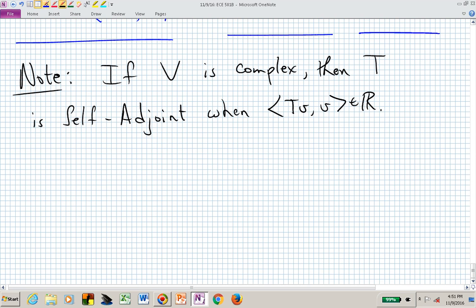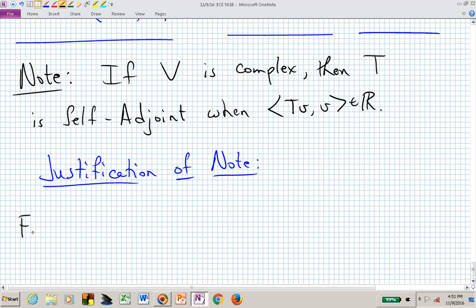Let's try to justify that last comment in the note. One fact that we know is true for an inner product is what happens when we interchange the two vectors in the slots.